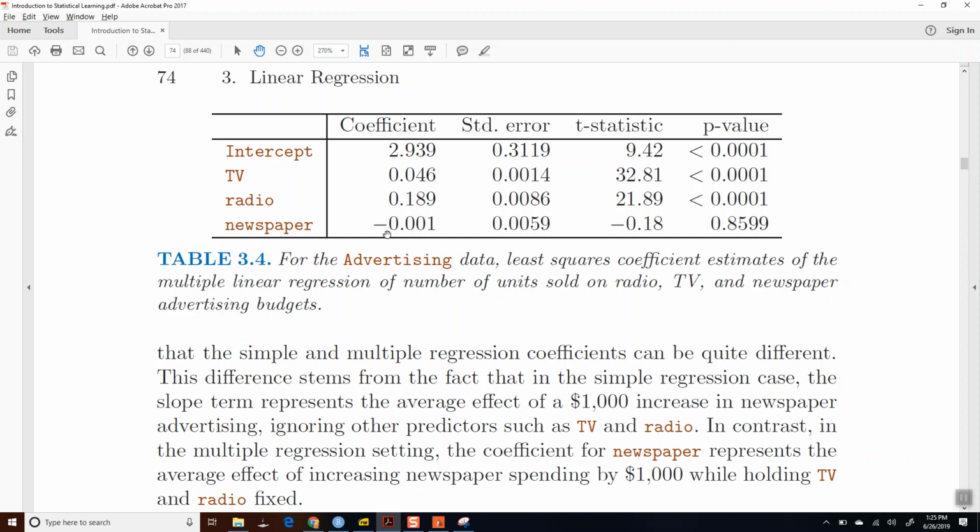But this tells us that this value of negative 0.001 is actually not significantly different from 0.